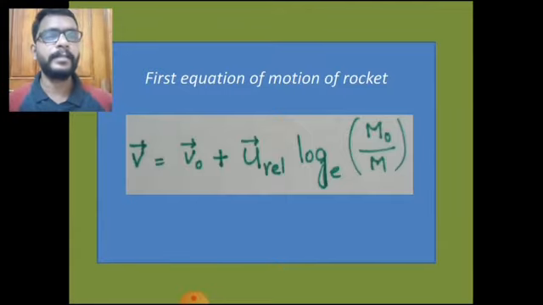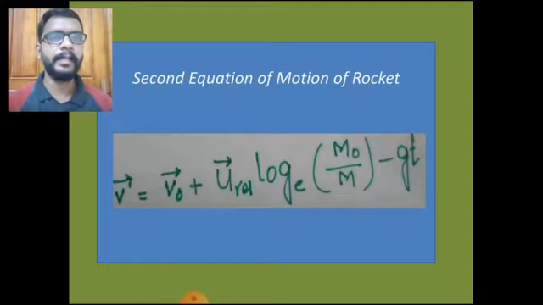Move on to the next equation. The second equation of motion of the rocket is in the presence of external force. That means an external force is acting on the rocket. Here v bar equals v naught bar plus relative velocity into log of m naught by m, minus gt, where the minus gt term is related to the external force acting on the rocket.